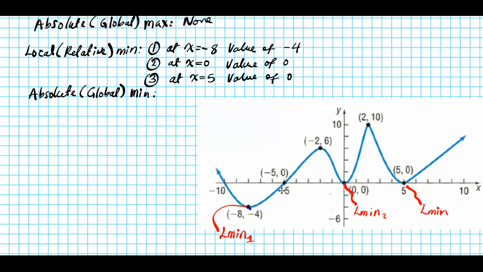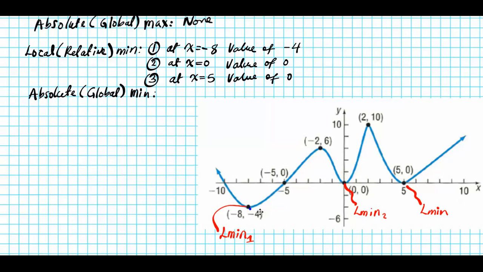So we can easily compare our local minima, and the lowest of all these three will be your absolute minimum. Basically the lowest hanging fruit, if you want to look at it that way. You can clearly see that this is the lowest value. The lowest value here is -4 compared to these two, which have the same value of 0.